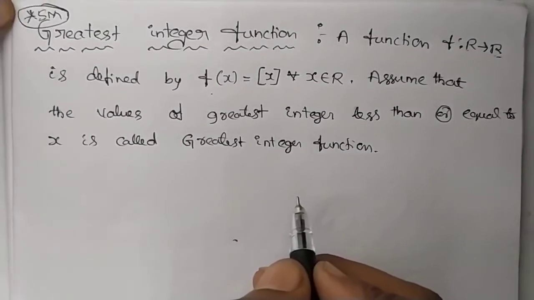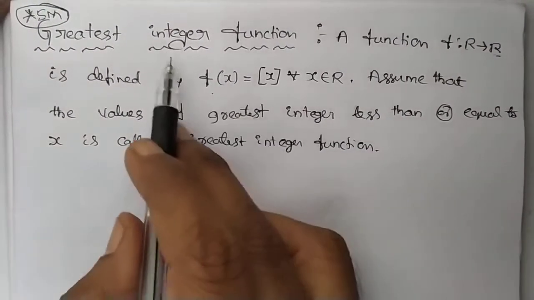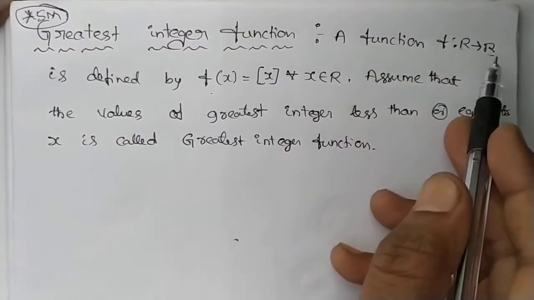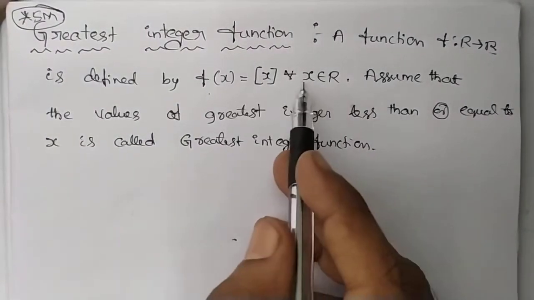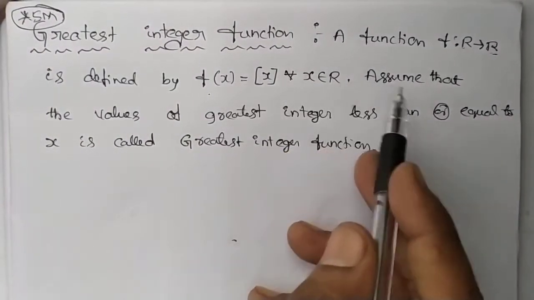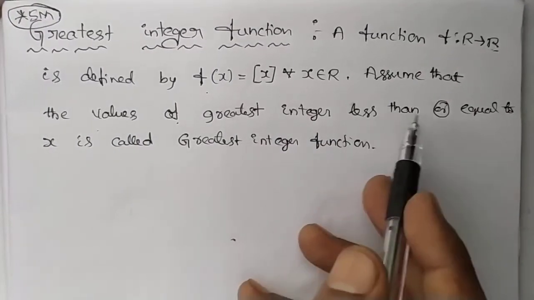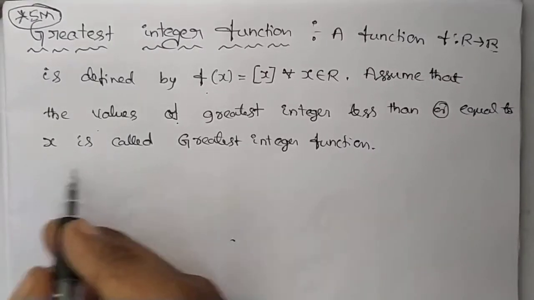The greatest integer function is also called the step function. This is the definition of the greatest integer function. A function f from R to R is defined by f of x equals step x where x belongs to R. Assume that the greatest integer less than or equal to x is called the greatest integer.